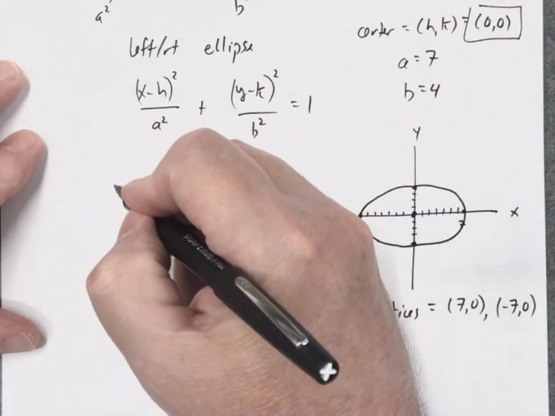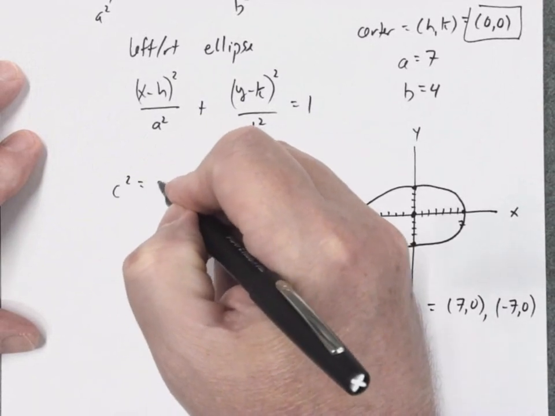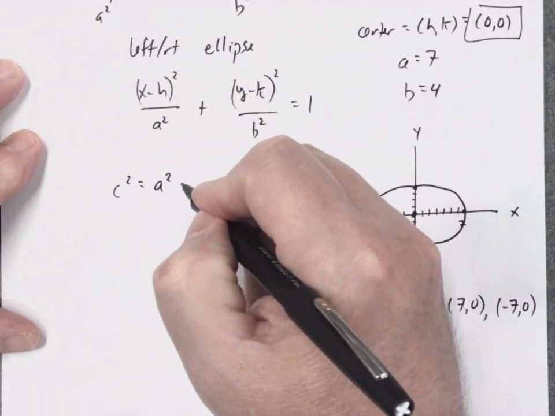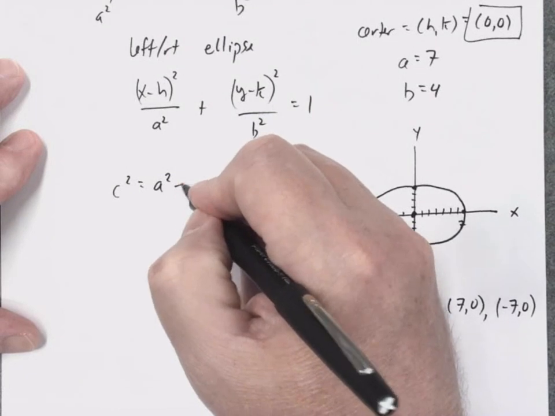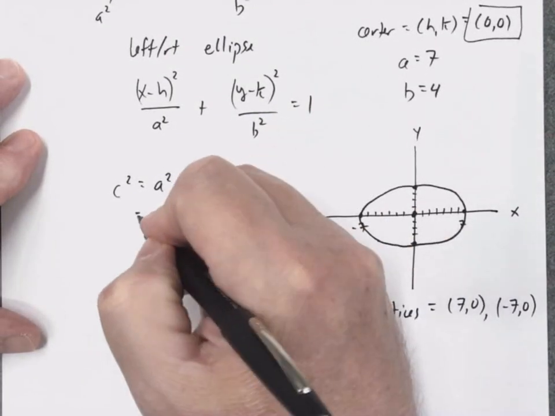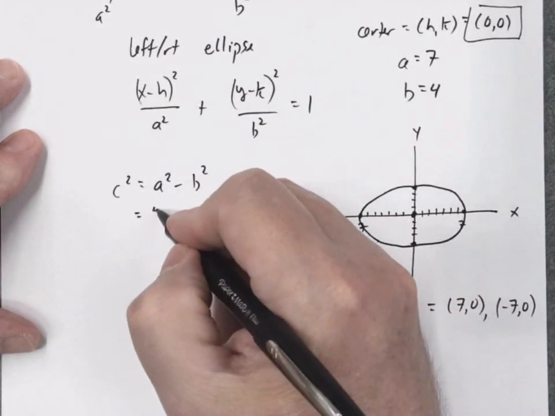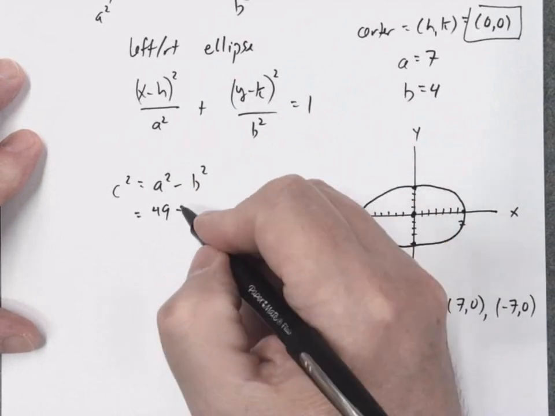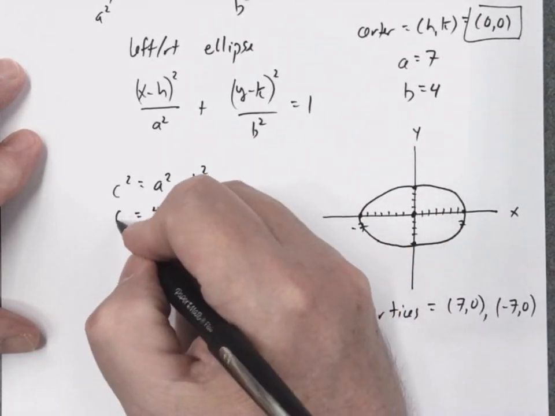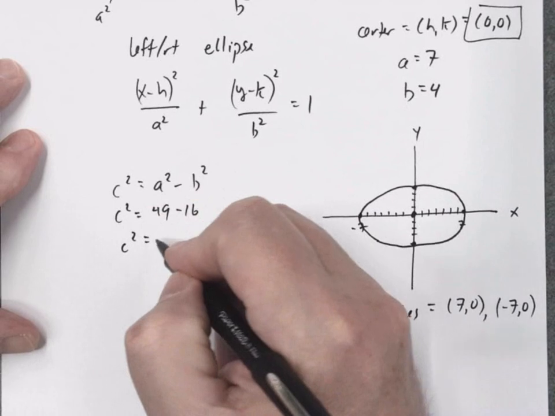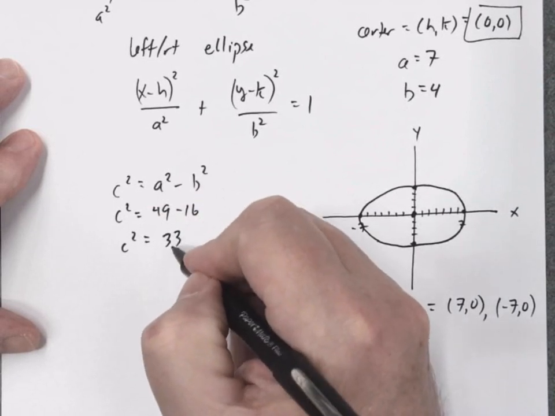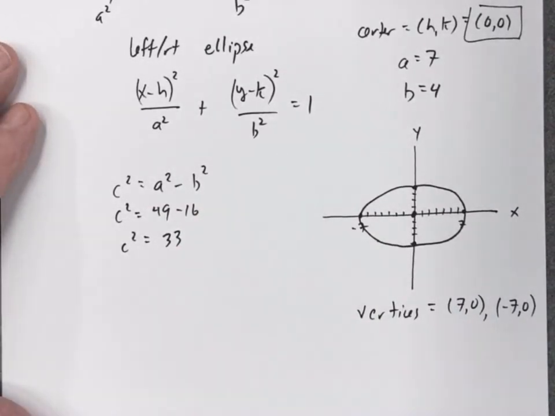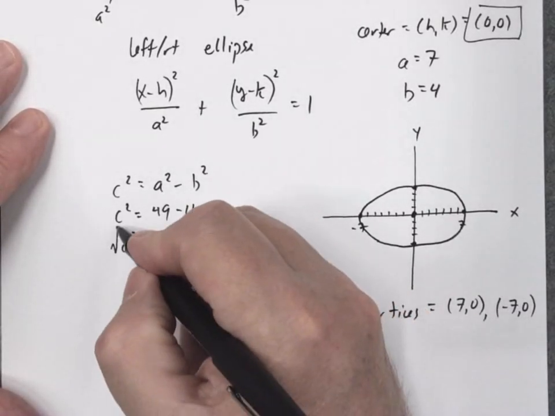And c is going to be the distance from the center to each of the foci. So a squared is 49, b squared is 16, c squared is 33, but we really need to know what c is equal to, so take the square root of both sides.